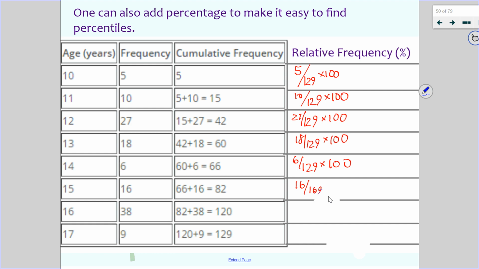Okay. All right, we're getting there. Let's see, 38 out of 169, then we have 9 out of... Why do I keep writing 169? 129. And let's erase, erase, erase. Okay, and then times 100 because we're doing percents.